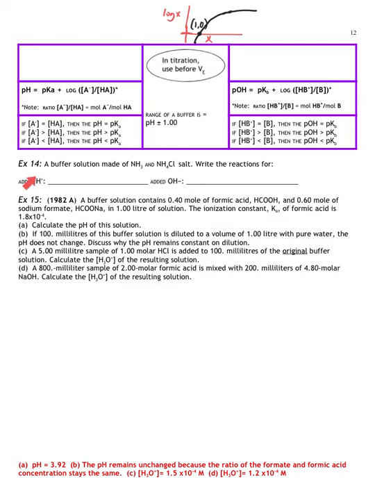Okay, let's go to example 14. It says a buffer solution is made up of ammonia and ammonium chloride salt. Write the reactions for when you add acid or when you add base. Now the first thing you want to do is identify what you have. It looks like you have ammonia, which is a weak base, and then you also have ammonium, which is the conjugate acid of that weak base.